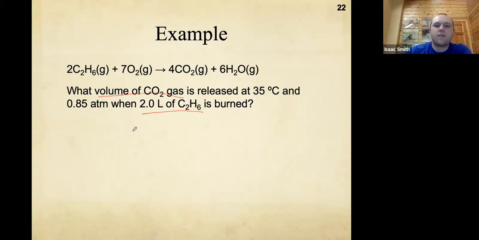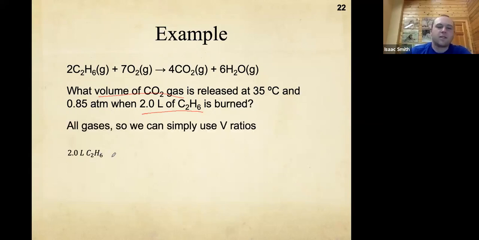So really we just need to say we have 2 liters of ethane. The ratio is going to be 2 liters of ethane to 4 liters of carbon dioxide. If you tried the problem a different way, you could convert these liters to moles using the ideal gas law, then use the mole ratio, and then convert back from moles to liters using the ideal gas law. It all works. One's just a little easier.